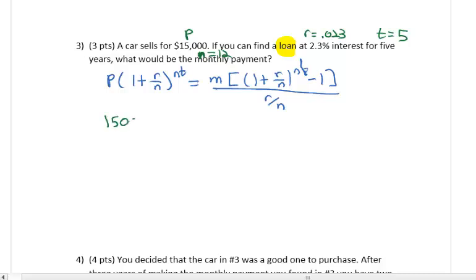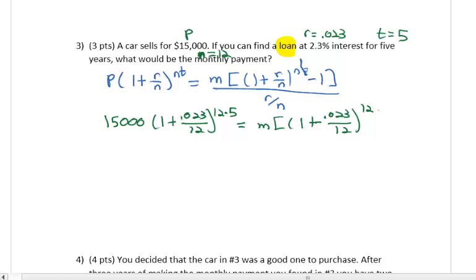So this gives us 15,000 times 1 plus 0.023 over 12 to the 12 times 5 equals the monthly payment we're looking for times 1 plus 0.023 divided by 12 to the 12 times 5 minus 1 all over 0.023 over 12.